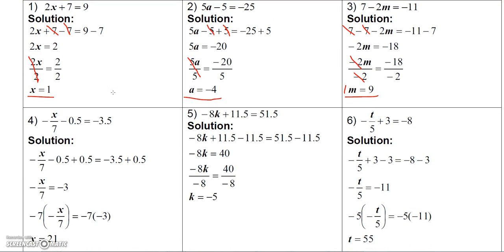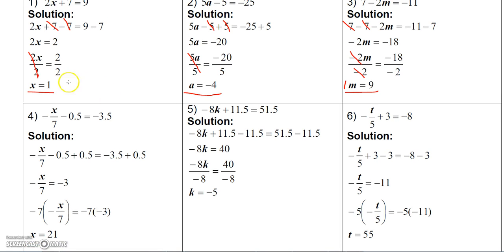Now I also did some here with some decimals and fractions. So here I'm solving this linear equation. I've got minus x over 7 minus 0.5 equals negative 3.5. So the first thing I want to do is add 0.5 to both sides. So that way I'll cancel the negative 0.5 that's on the left.